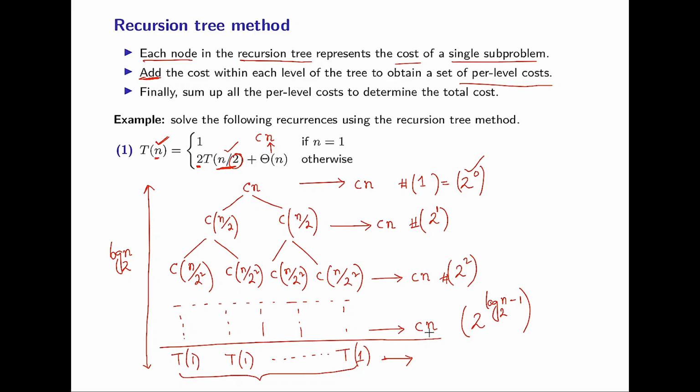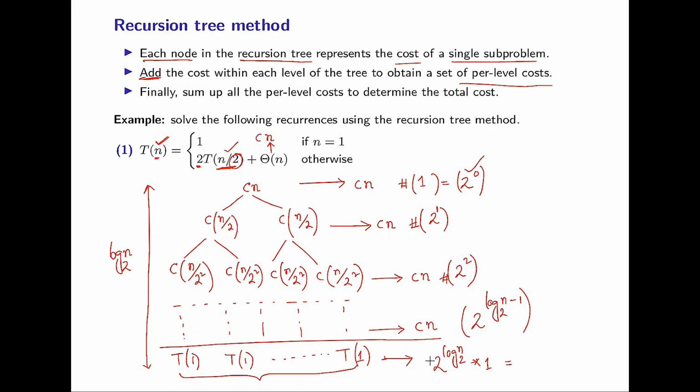Because it is not the last level. So here, how many nodes will be there? 2 to the power log n base 2, up to the height of the tree, into the cost of each node, that is T1. What is the value of T1? That is 1. Okay. So what is the cost at this level?